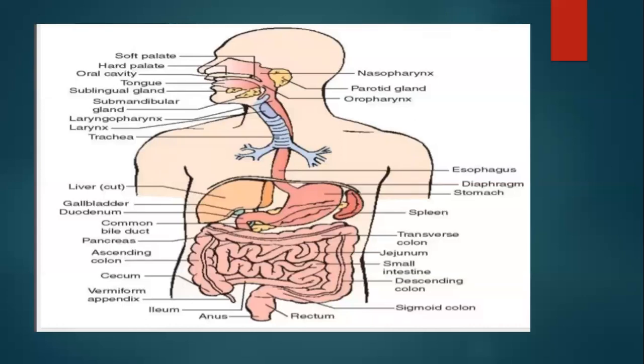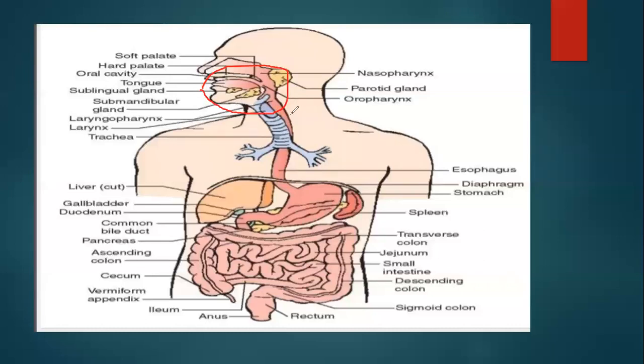Then the associated glands, the glands which are associated with the human digestive system and form a part of it, are salivary glands, which are present in the oral cavity. This is the oral cavity, children. Here we can find salivary glands.